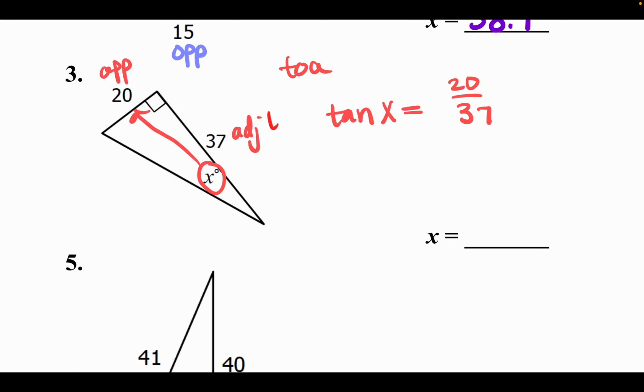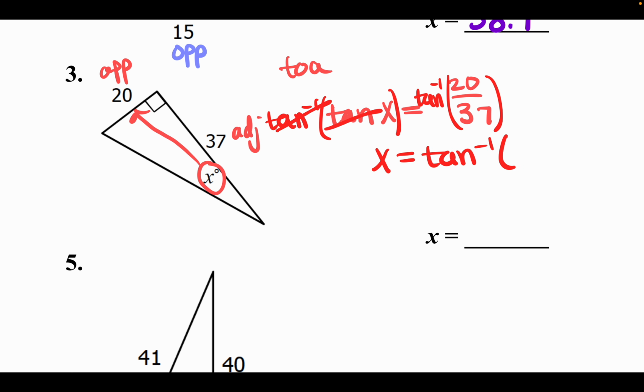Now you can do inverse tangent. Inverse tangent and our tangent cancel each other out, so we get x is equal to the inverse tangent of 20 divided by 37. So we get 28.39, so 28.4 degrees.